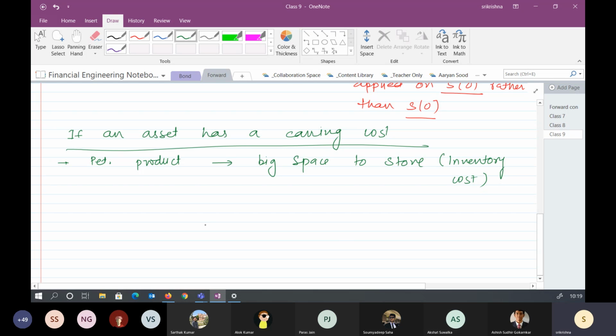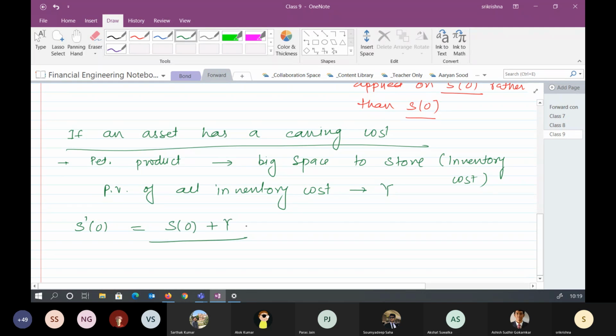Right. In that case, let's say that the present value of all inventory cost is amount Y, then my spot price would change to this, and my future price would become this.